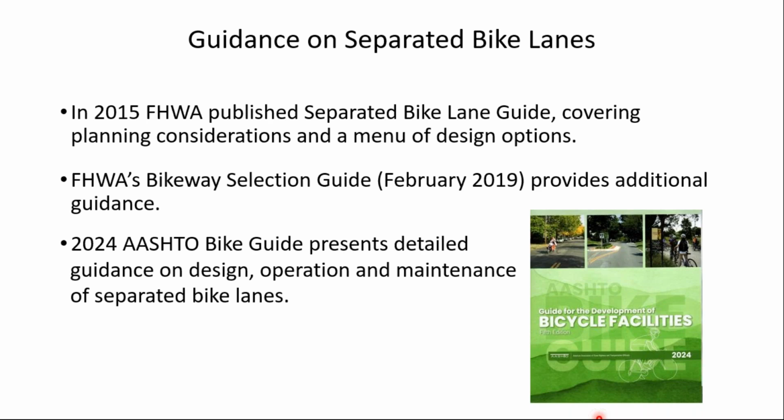And in late 2024, the new edition of the AASHTO Bicycle Guide presents some detailed guidance on design, operation, and maintenance of separated bike lanes. So there are some good information resources out there for planners and designers and maintainers.